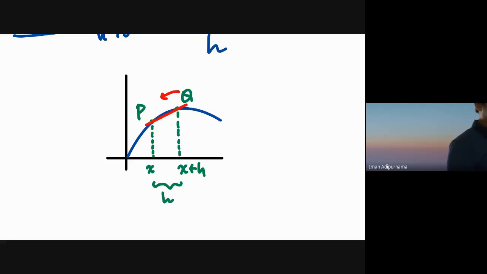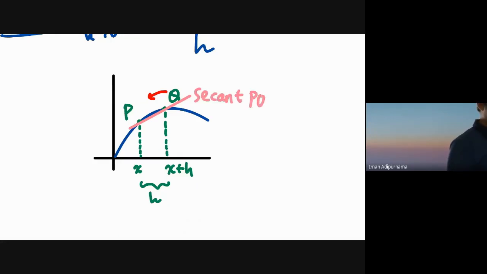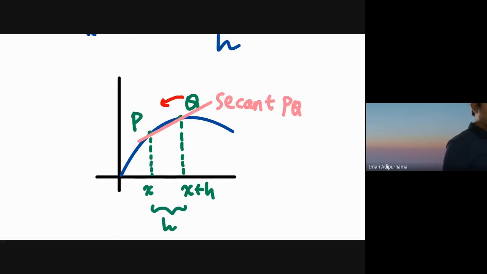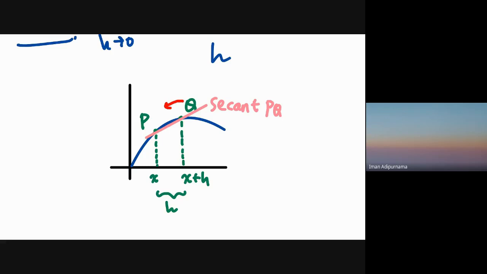This is the secant line. And the term gradient or the tangent is when Q is getting closer to P, right?